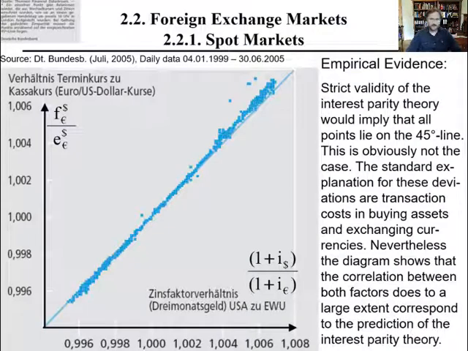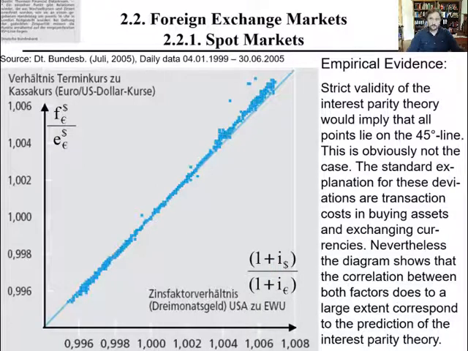This diagram measures the ratio of the exchange rate on the y-axis, so this is the left side of the equation that we have just derived, and on the x-axis we measure the ratio of the interest factors, the right side of the equation which we have just derived.